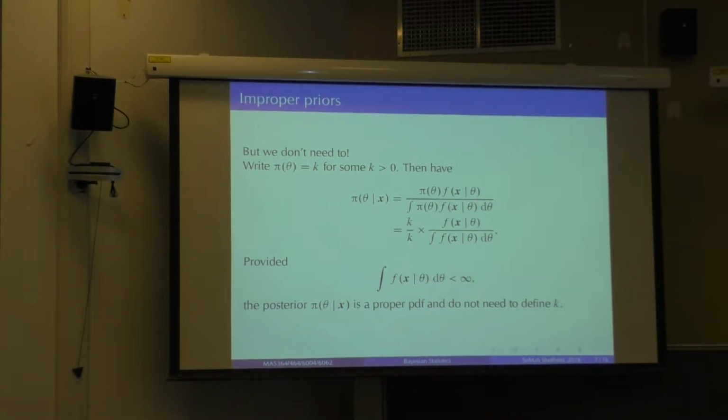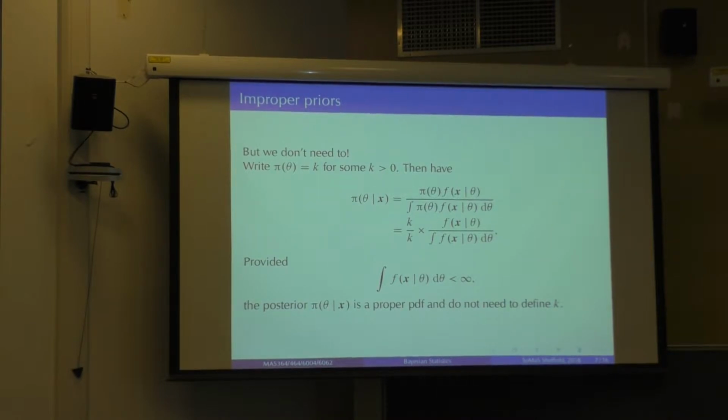But it need not be, and indeed it usually is not, a probability distribution for theta, right? So if and only if this integral exists, we could use a flat prior, a constant prior, as a Bayesian prior function, although it would not be a prior distribution.